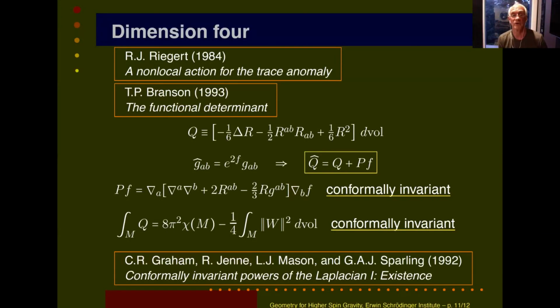So a little bit before Rigaud wrote down this operator. So P stands for Paneitz, and Q is the next thing in the alphabet. And Tom Branson just called it Q. Yeah, it's a Riemannian invariant which has these special properties.